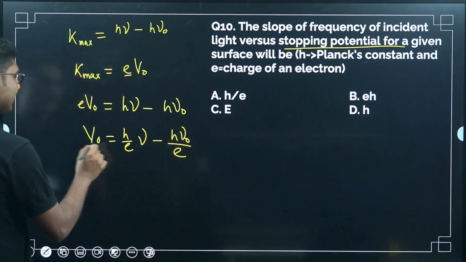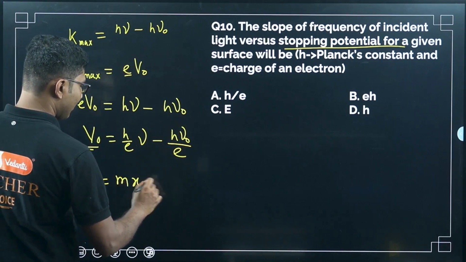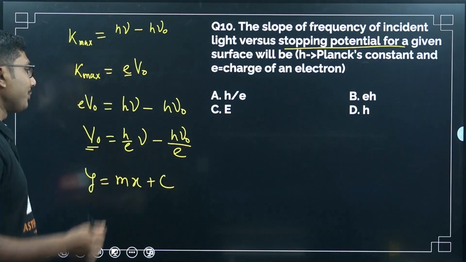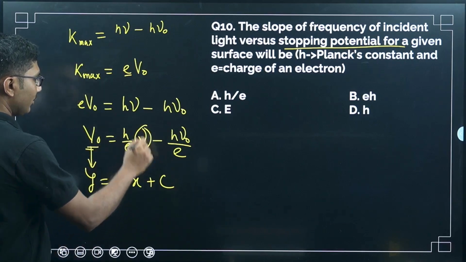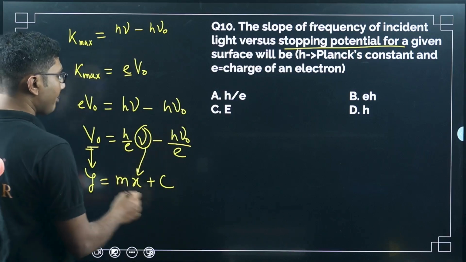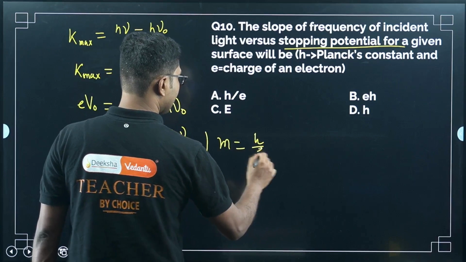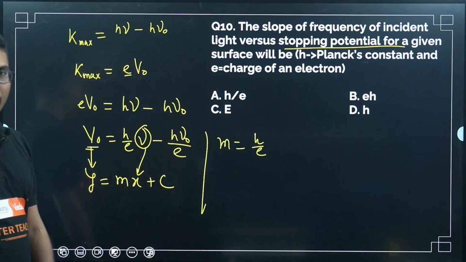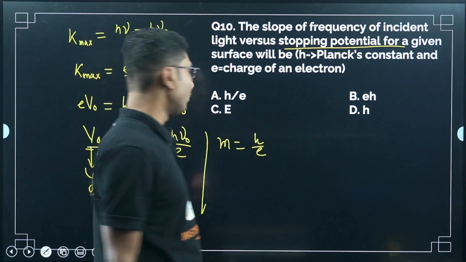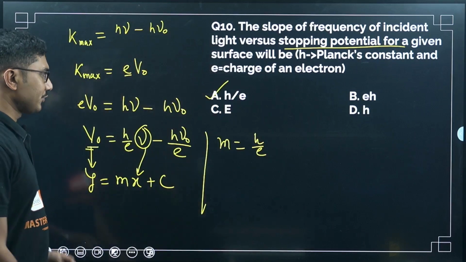Now if you consider this as y equals m x plus c, and compare with our known equation, here V naught is y, nu is x. So comparing that, we can write the slope m equals h by e, and the intercept is minus h nu naught by e. So you can find both if you know how to write this equation. So it is h by e. Correct answer is option A.